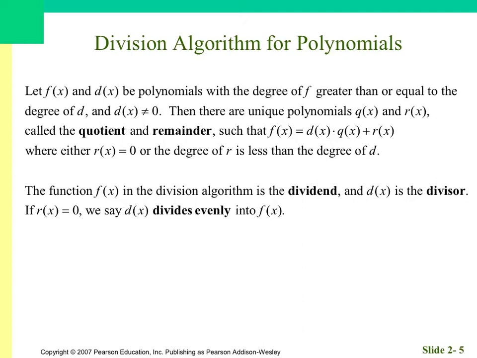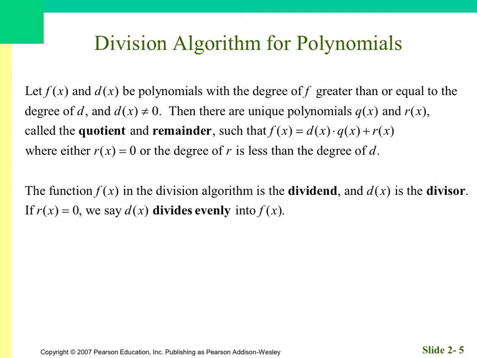Okay, let f of x and d of x be polynomials with the degree of f greater than or equal to the degree of d. D of x cannot equal 0. Then there's a unique polynomial q of x and r of x called the quotient and remainder, such that f of x equals d of x times q of x plus r of x, where r of x equals 0 or the degree of r is less than the degree of d.